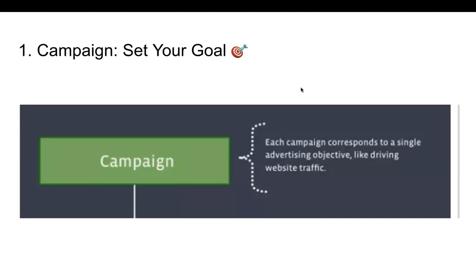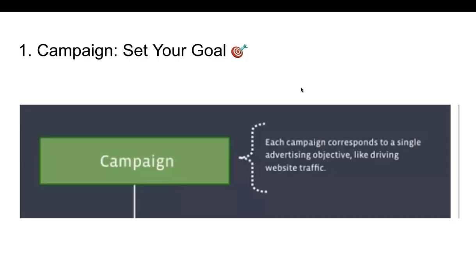You're able to choose traffic, and that's where you want to send people, like if you wanted to send people to your website, for example. Leads is a way for you to collect signups, and conversion is a way for you to drive purchases or action. So everything inside the campaign will optimize to meet a specific goal.